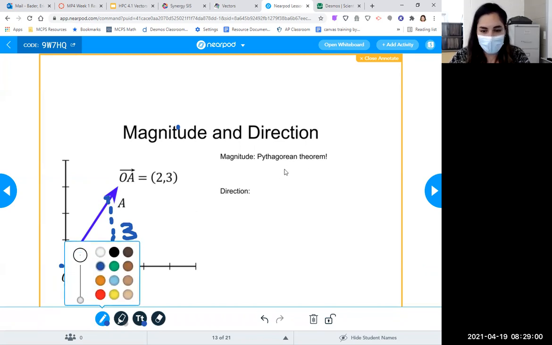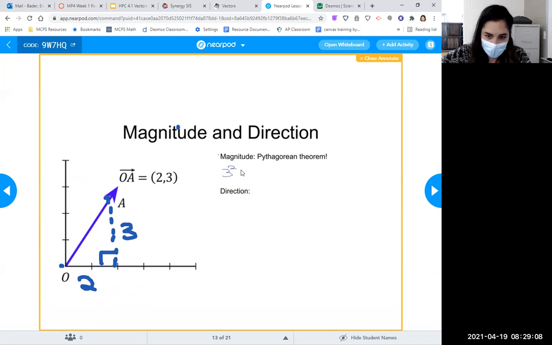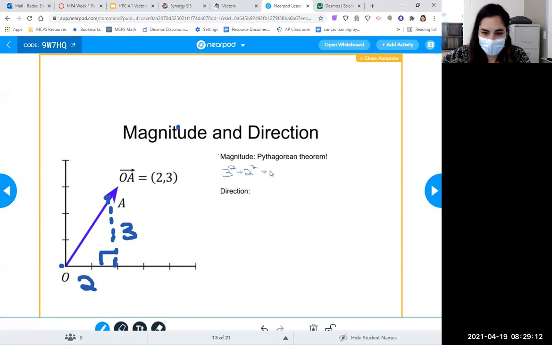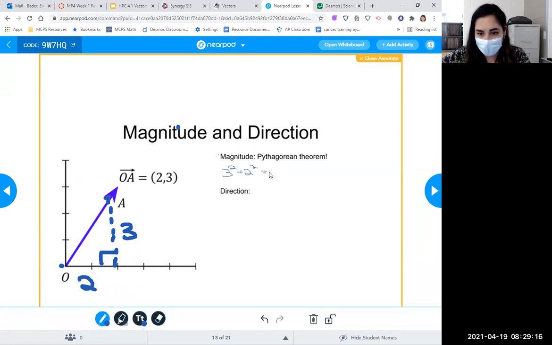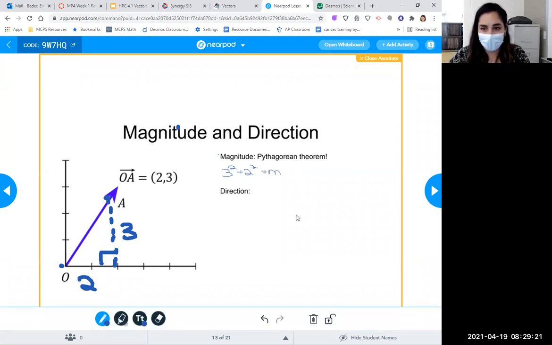The magnitude is just basically the Pythagorean theorem, or the distance formula, which is derived from the Pythagorean theorem. So 3 squared plus 2 squared equals the magnitude squared, which we can call whatever we want. But so that's kind of how we're going to find it.